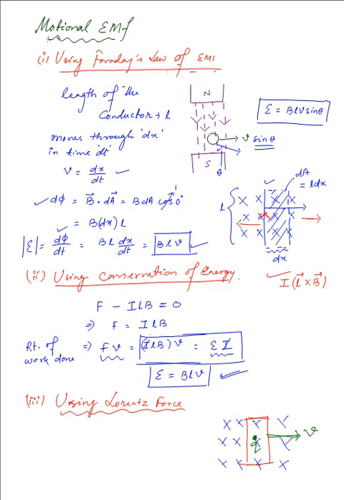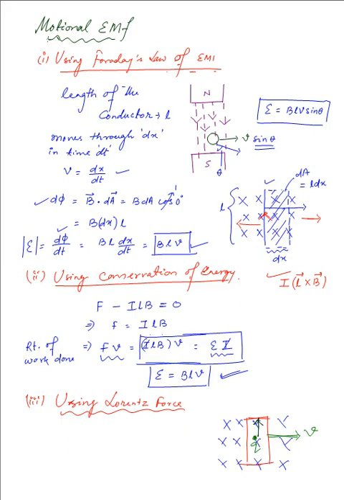If we apply the cross product v cross b, with v going to the right and b into the plane, we curl our fingers and we get the force due to the magnetic field on that positive charge plus q, which drives the charge upward along this line.